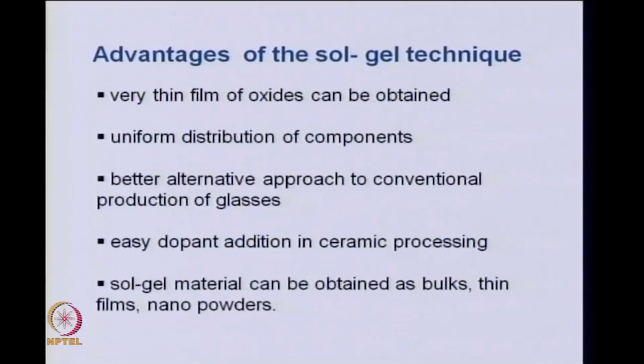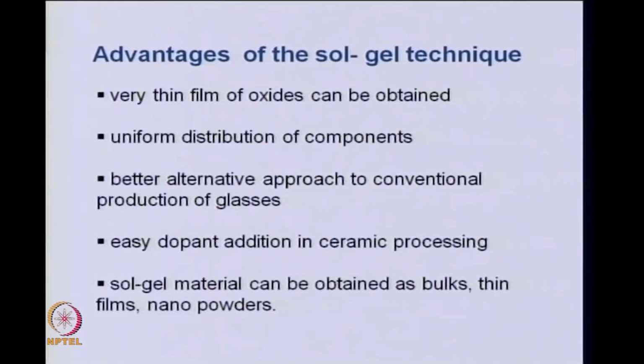Continuing on the advantages of the sol gel technique, you can not only get powders, you can get very thin films of these oxides. On various substrates you can coat them.